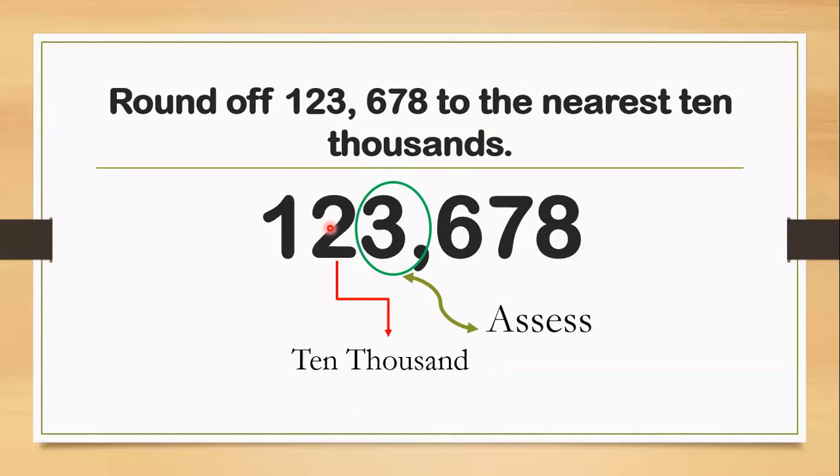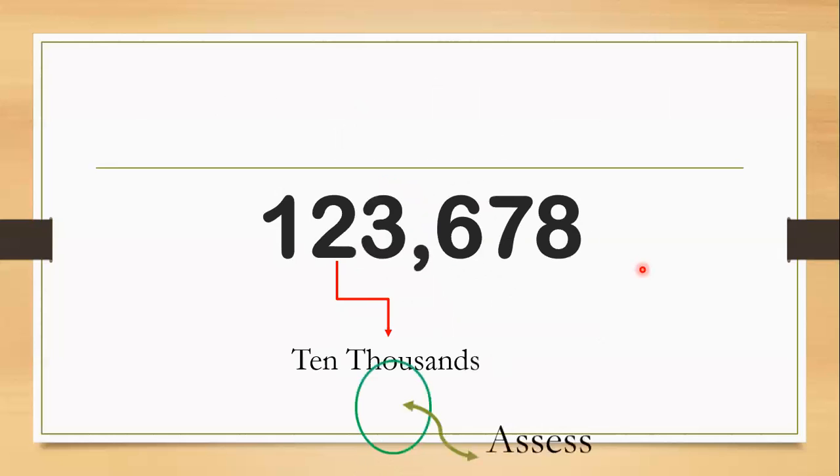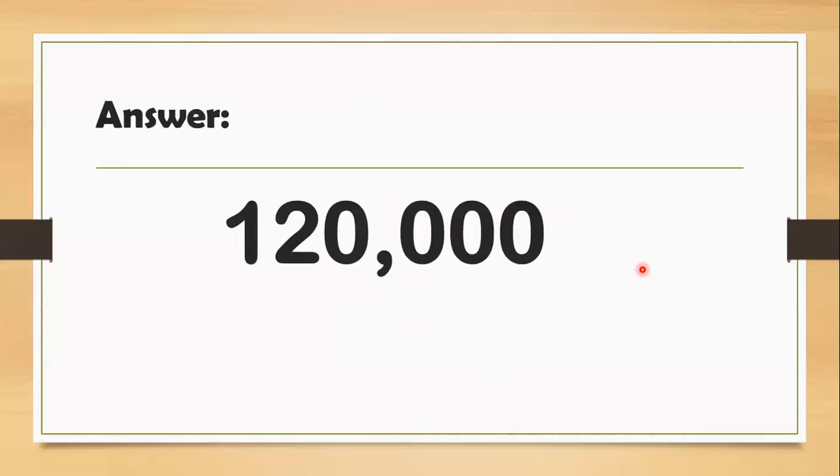No. Why? Because it is less than 5. It will remain as it is. And 3, 6, 7, 8 will be replaced by 0. So the answer would be 120,000.